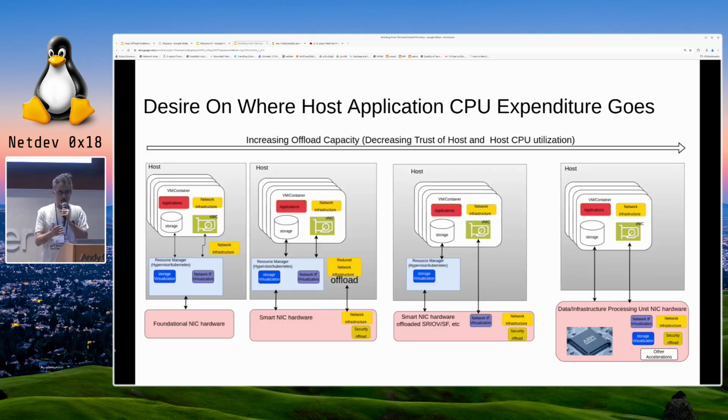This is the historic evolution of where things have been. If you look at the very far left, in the pre-medieval days, when Xen was a thing, I think Xen is still a thing, actually. You have people doing the hypervisors on the host, and then the VMs, and everything is done at the host level. Then the NICs, the infrastructure is kind of moving, and you see some offloads start to happen.